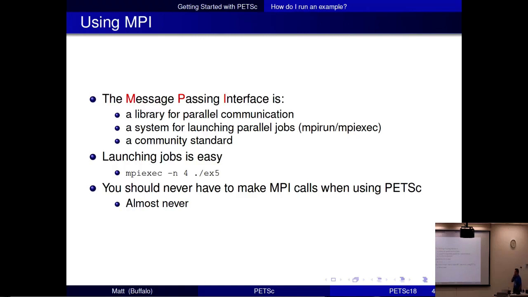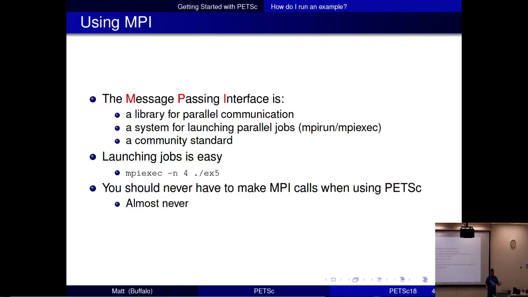So I just want to briefly say, really the only parallel ideas you have to understand to use PETSc are the rudiments of MPI. And the rudiments of MPI you need to understand are basically what is a communicator. A communicator is a parallel scope, much like a variable scope.